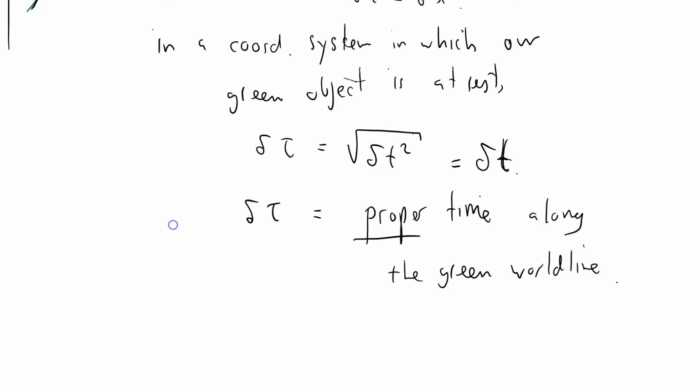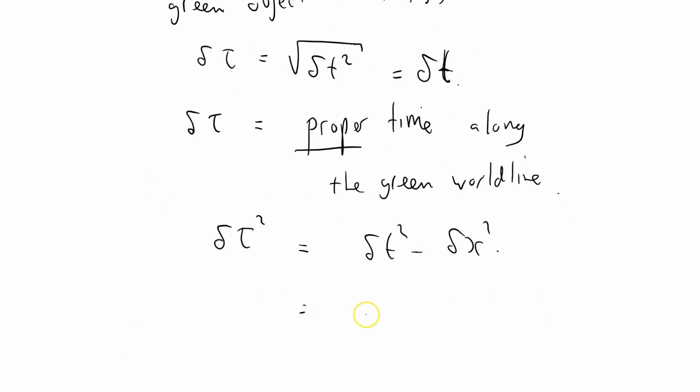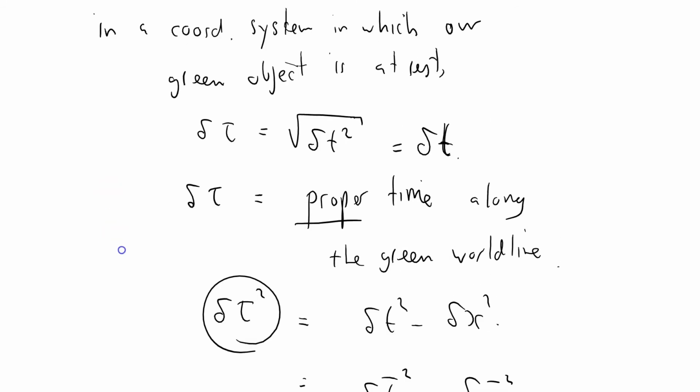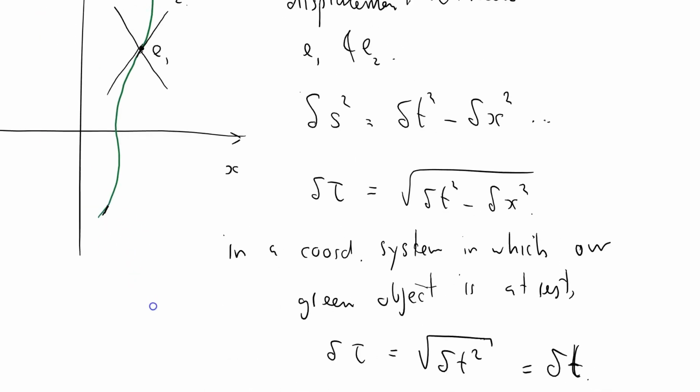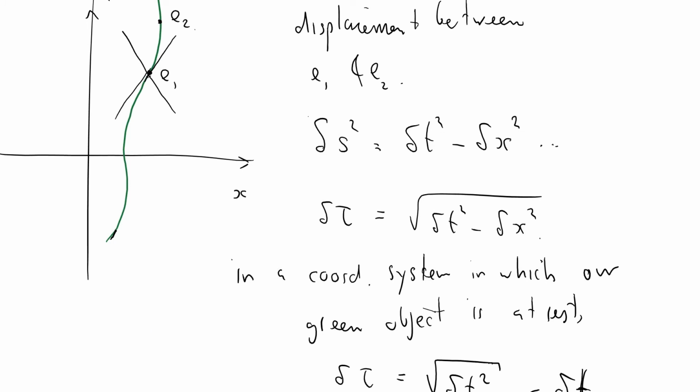If you define it like this, if you say that delta tau squared equals delta t squared minus delta x squared, because of the invariance of the interval, that's the same as delta t bar squared minus delta x bar squared. That's the same for all observers. So all observers agree about what delta tau is. The books make heavy weather of this, but it doesn't matter. These different observers don't need to agree on anything.